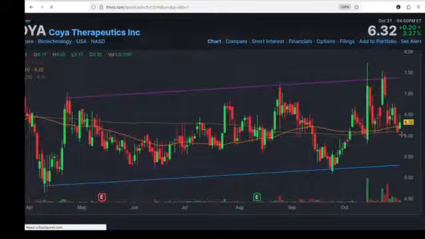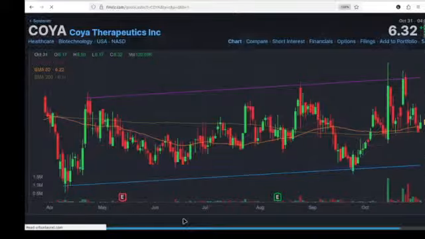So the inverted hammer is a very, very powerful strategy. It's something that I use all the time.